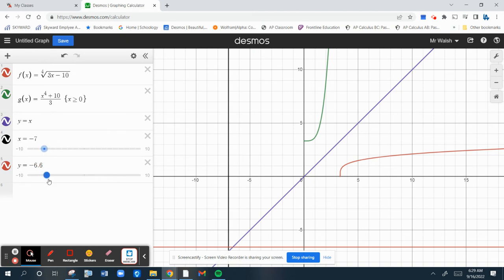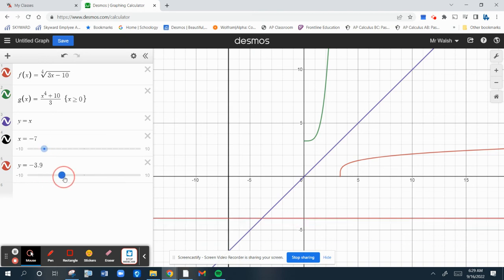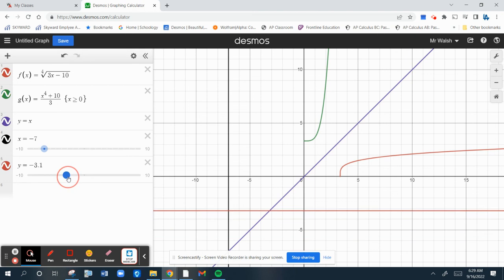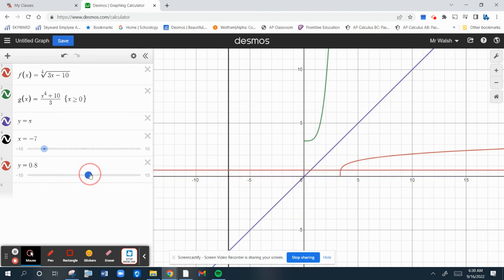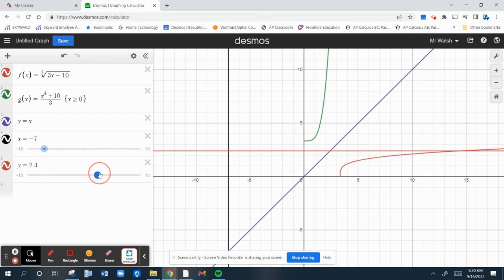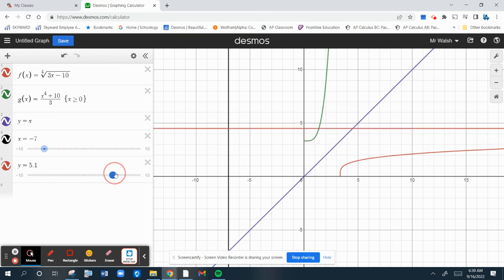So now we're looking at the green function. So the range is where it exists on the y-axis. So it starts at about 3.5 and goes to infinity. So that shows you that the domain and range of a function and its inverse are just reversed.